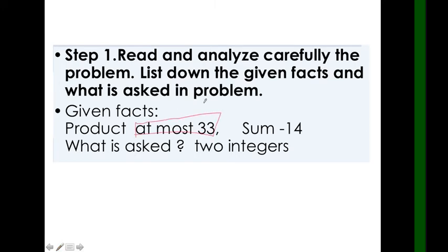From the words at most, this should be the highest number. Then there are some numbers that are lower than this 33. Okay, 33 is the highest number. It can be equal to 33, but it can be less than 33. And then the sum is equal to 14.